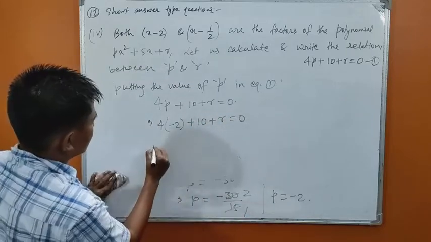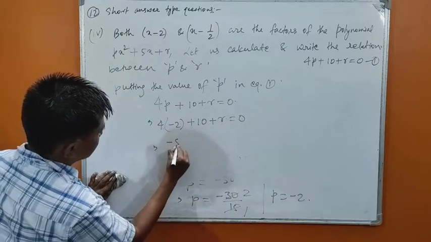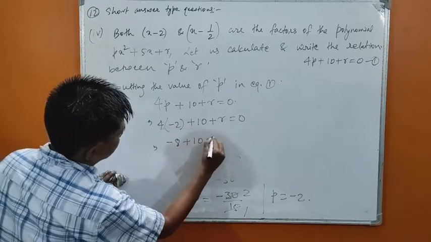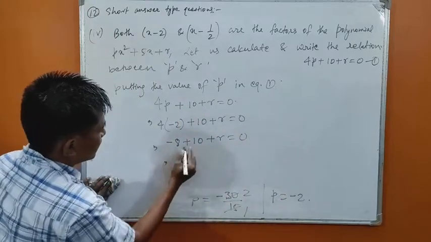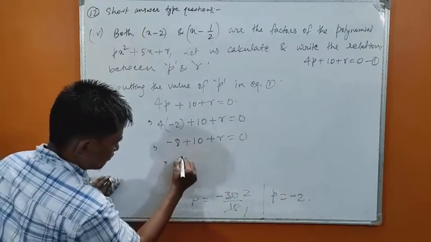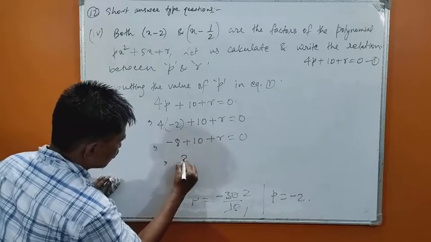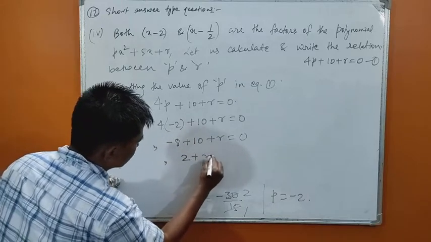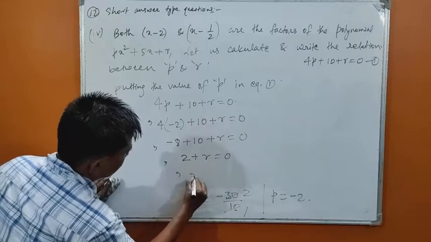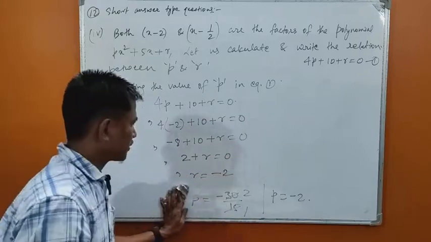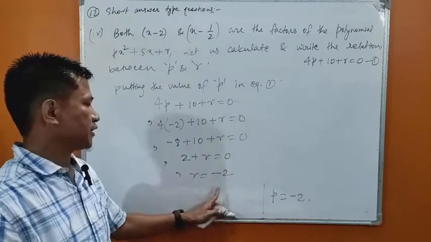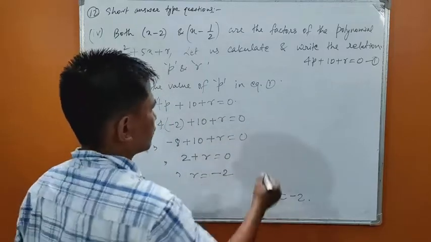Now 4 times 2 is 8, minus 8 plus 10 plus r equal to 0. Minus 8 plus 10 is 2, plus r equal to 0, or r equals plus 2. When you take to the right hand side, it becomes minus 2. So we got the value of r equals minus 2, and the value of p is also minus 2.